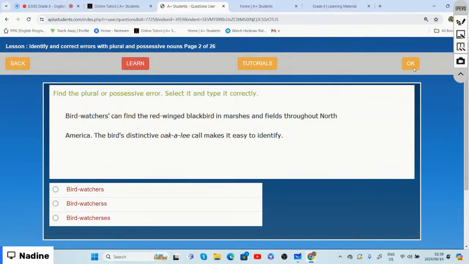And if we were to identify our correct word, to say if it's a plural or a possessive noun, then we can say bird watchers. And this is the word that is incorrect. So we will just add an S because it is only bird watchers. It shows more than one, not a position.